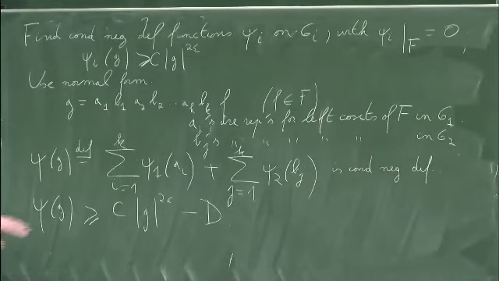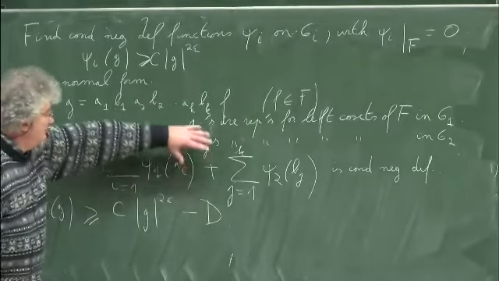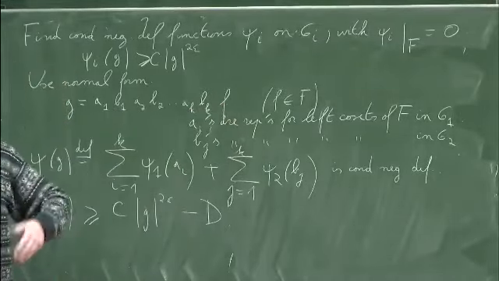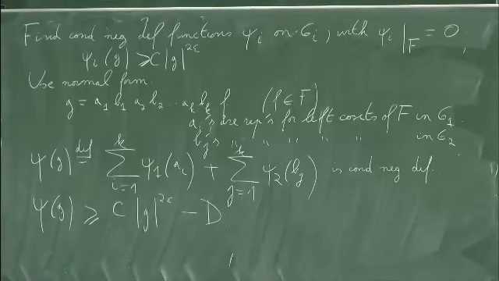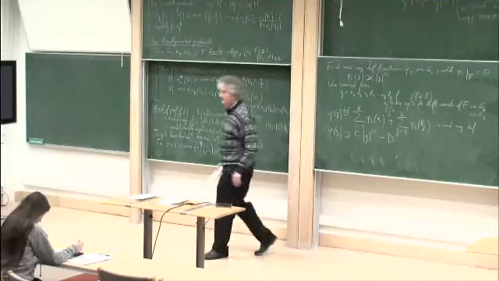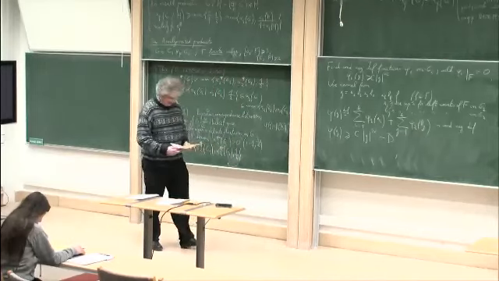And this constant appears because in this formula the element F does not appear anymore. So at some point, because of the triangle inequality, we have to subtract the diameter of this finite subgroup F, and this gives this negative constant. But that's basically the result.